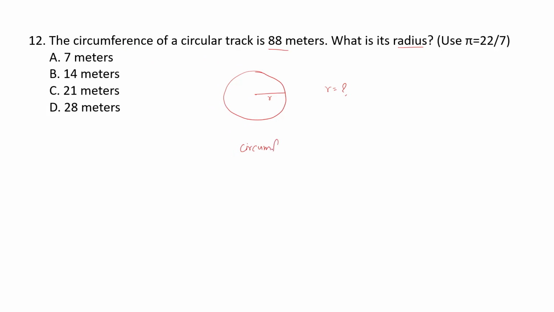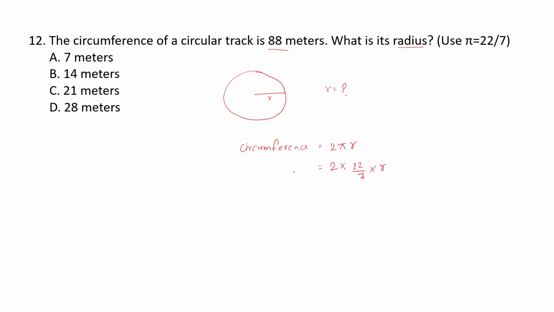So what is the formula for circumference? Remember, it is 2 pi r. 2 is a constant. Pi you have to take as 22 upon 7. R is unknown. R you have to compute. But remember, circumference is given.